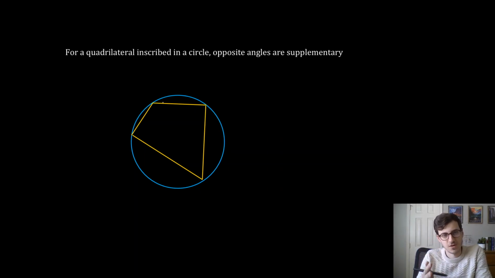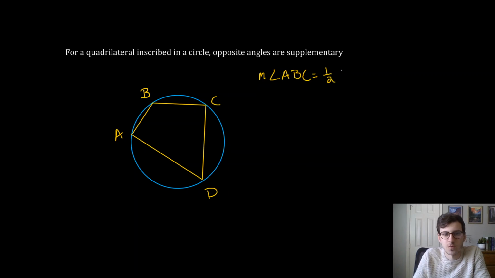So, okay, let's think about this. Why would this work? Well, if I call this A, B, C, D, let's just think about what we know. I know that the measure of angle ABC is equal to 1/2 the length of arc CDA, right?